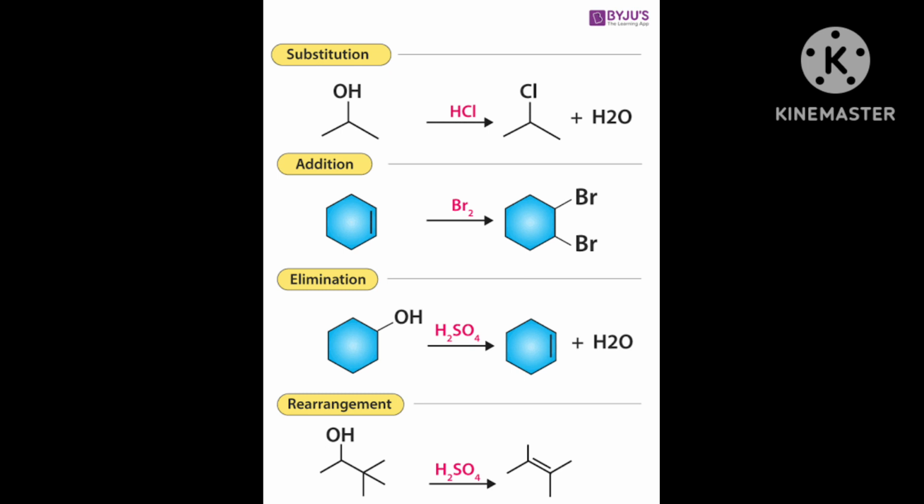Ammonium cyanate, NH4CNO, when heated strongly, converts to urea. Ammonium cyanate is an inorganic compound, and from it you got an organic compound, NH2CONH2.